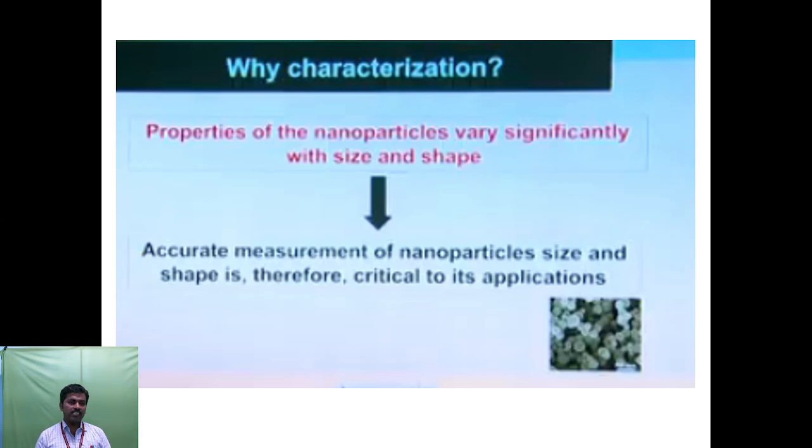Why is characterization necessary? Because the properties of nanoparticles vary significantly with the size and the shape. So accurate measurement of nanoparticle size and shape is therefore important.